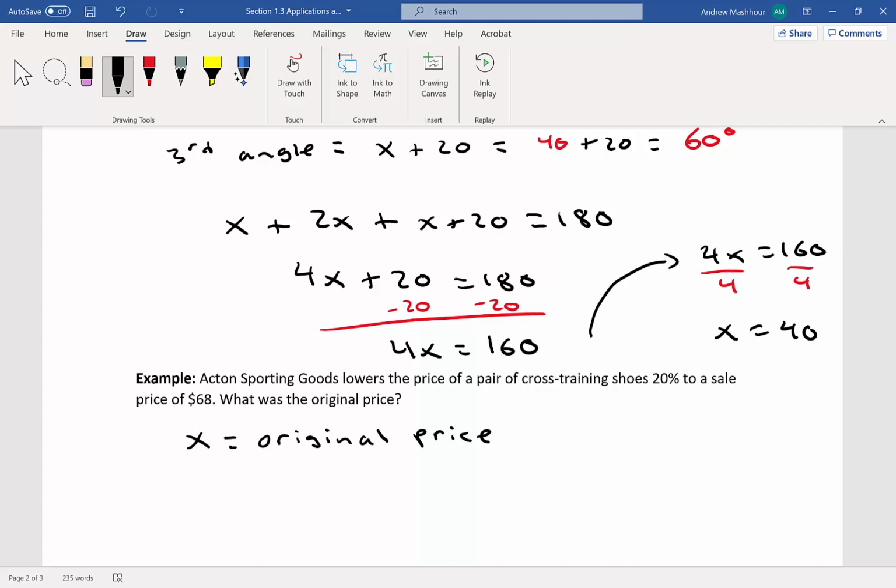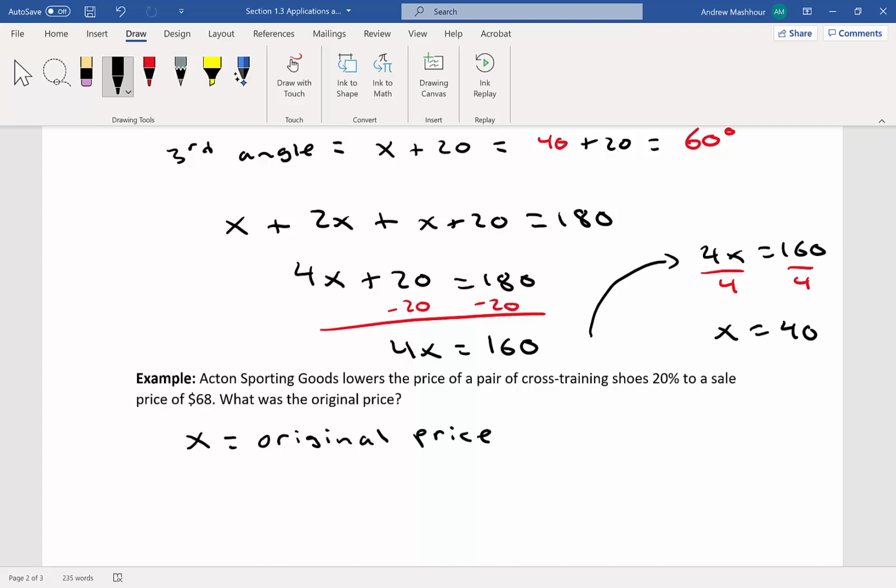So another thing to notice in this problem is we're getting a discount. So it's saying Acton Sporting Goods lowers the price of a pair of cross-training shoes 20% to a sale price of $68. Okay. So x is the original price of the shoe, and then we're getting 20% off.